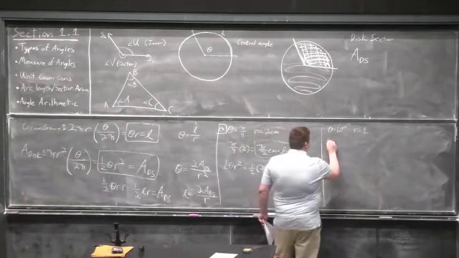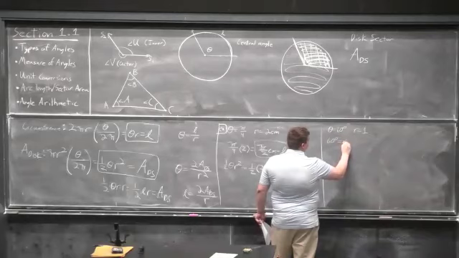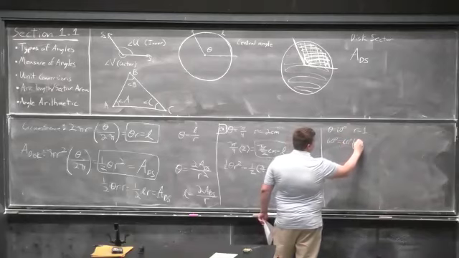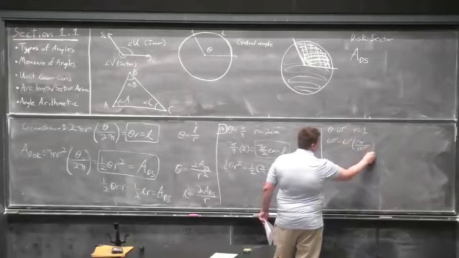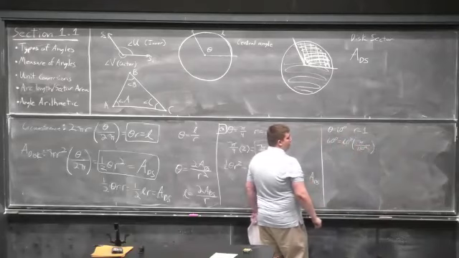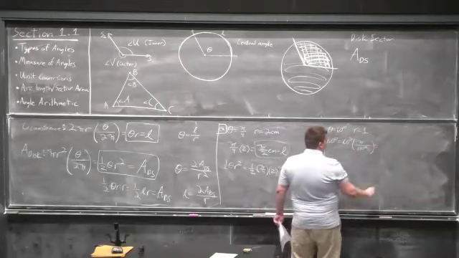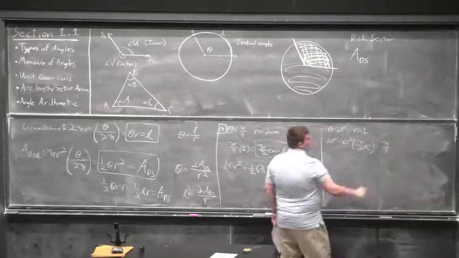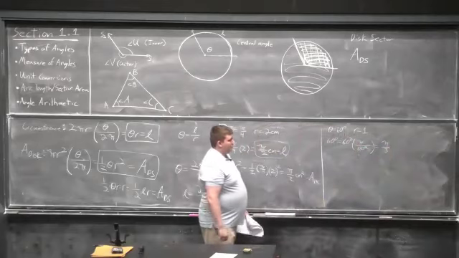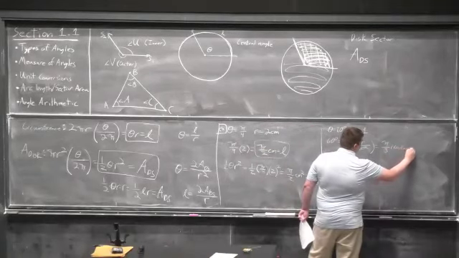So 60 degrees is equal to 60 degrees times pi radians per 180 degrees. Degrees cancel, giving us 60 divided by 180. That is 1/3. So we get pi over 3 radians. For clarity, I'm going to denote that as radians.